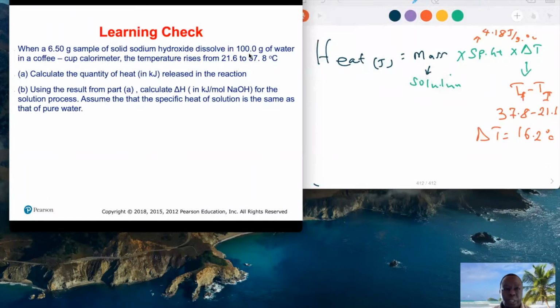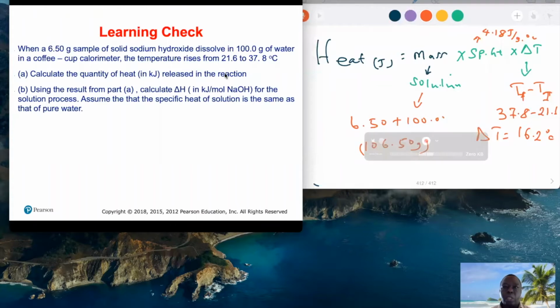Specific heat of H2O, of this solution. And now mass for this is 6.50 plus 100.00. So the mass we'll use is 106.50 grams.